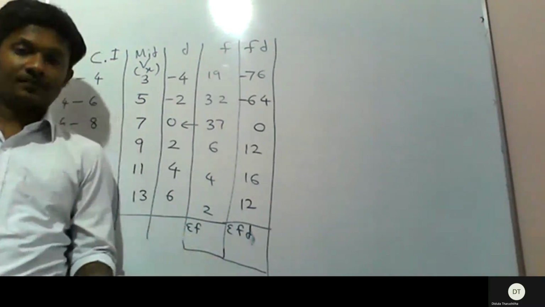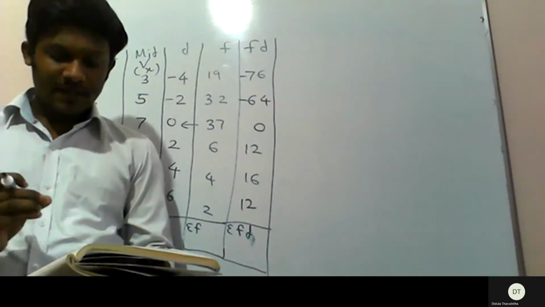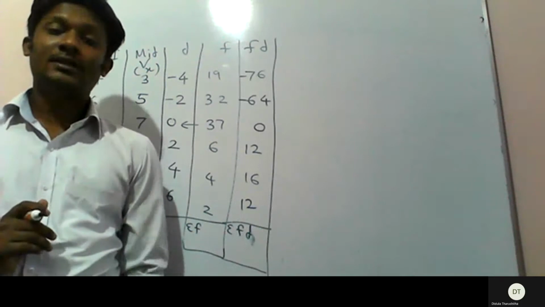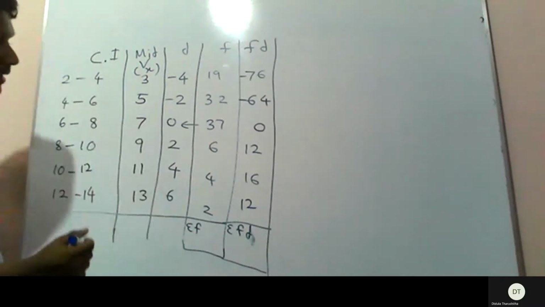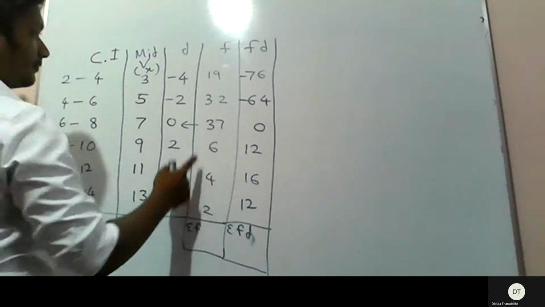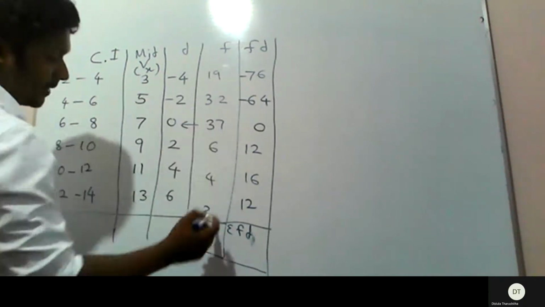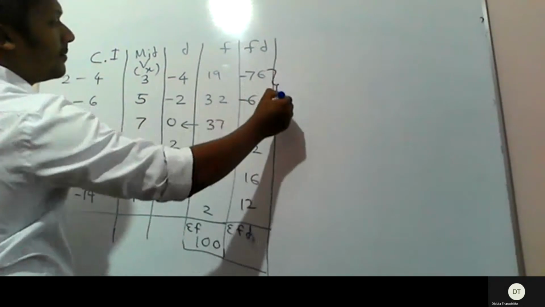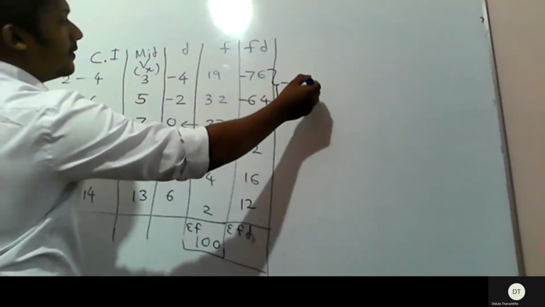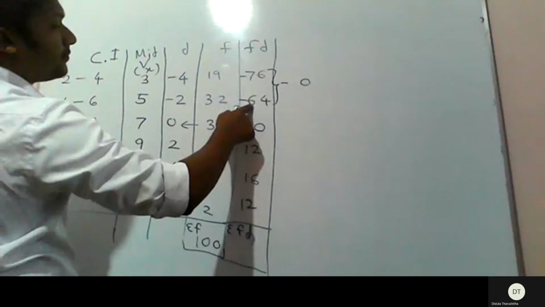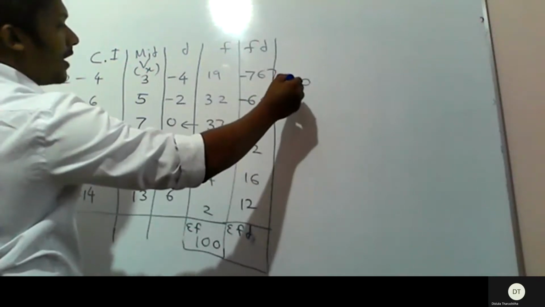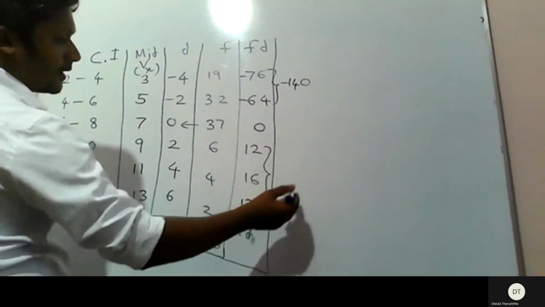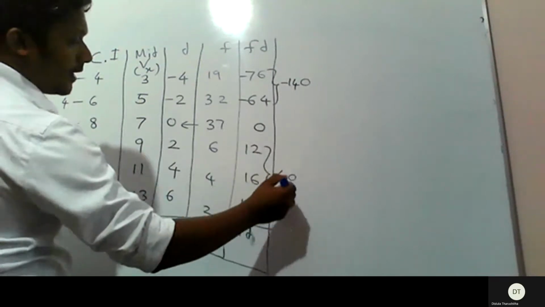Question number 1: using a suitable assumed mean, find the mean time taken by a doctor to examine a patient. Then, what is sigma f? 100 patients, 100. Sigma fd: the negative sum is minus 140, the positive sum is 40.